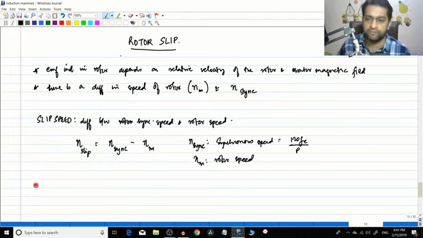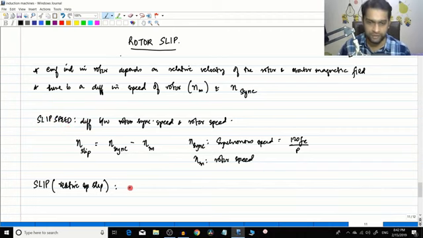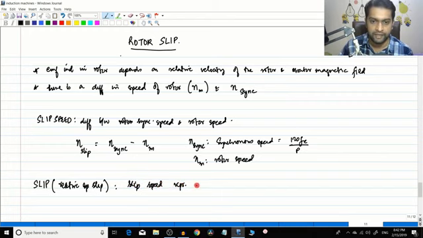Now there is another term which is simply called slip, or relative slip. This term slip is the relative velocity, that is, the slip speed represented on a per unit basis, as a per unit quantity.